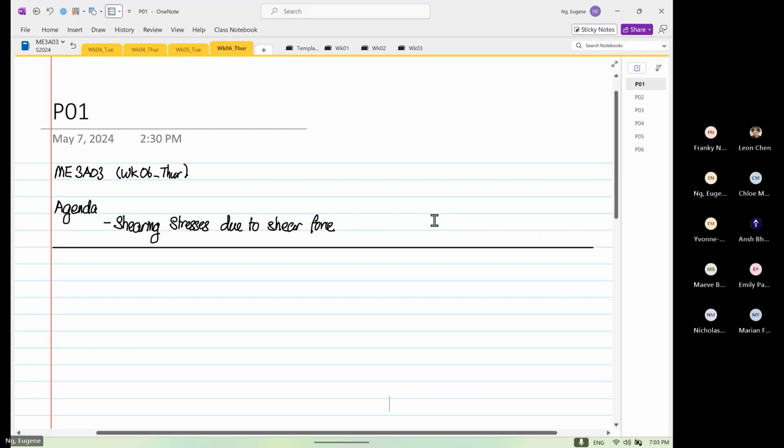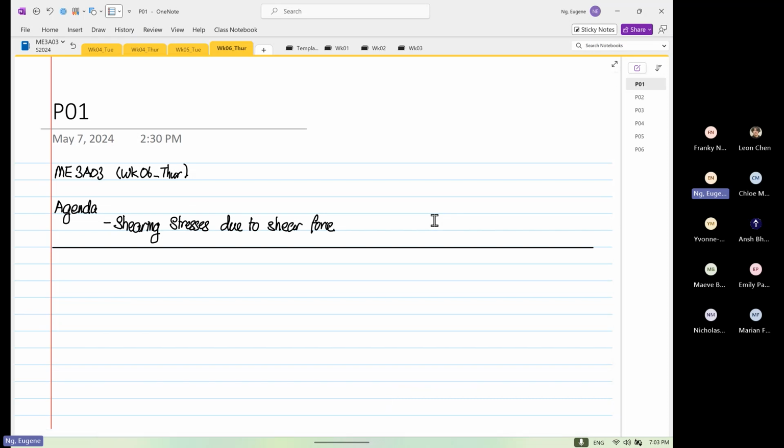So today we are going to look into shearing stress due to shear force.